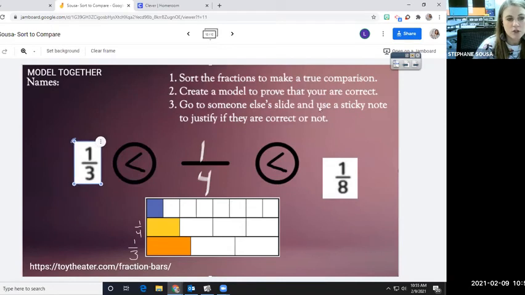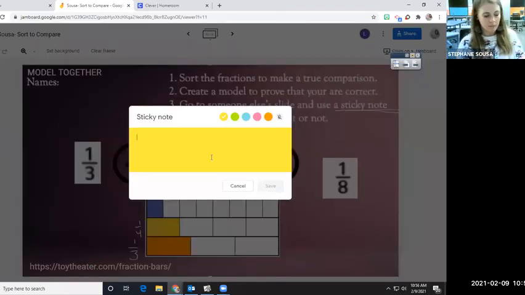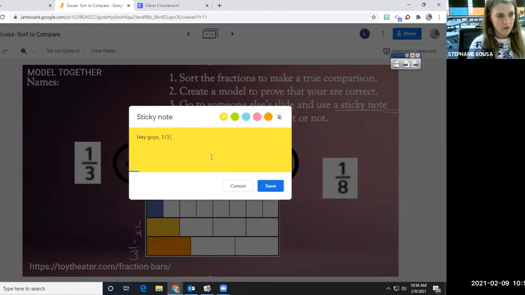What we are going to do is use a sticky note to justify if they are correct or not. So after I finish my work, I'm going to say, hey guys, 1/3 is a bigger piece than 1/4. Look at your model.